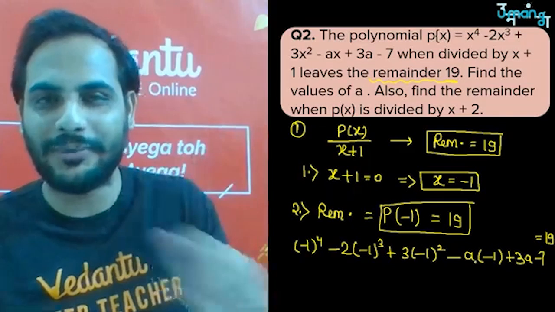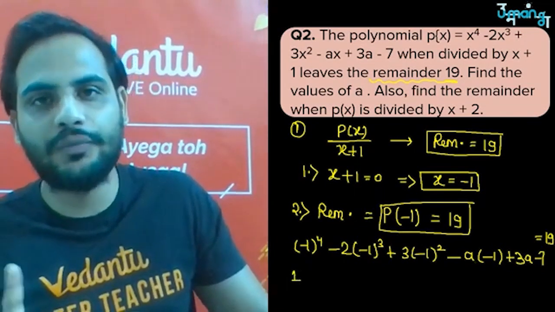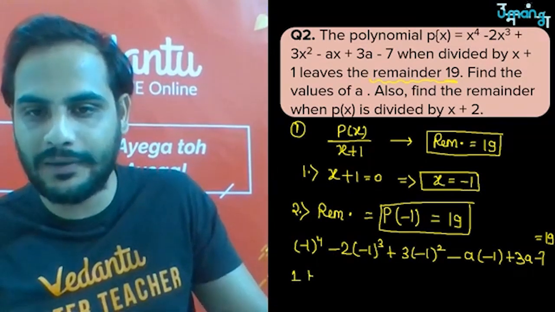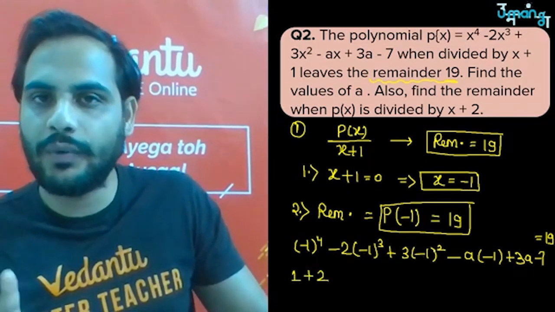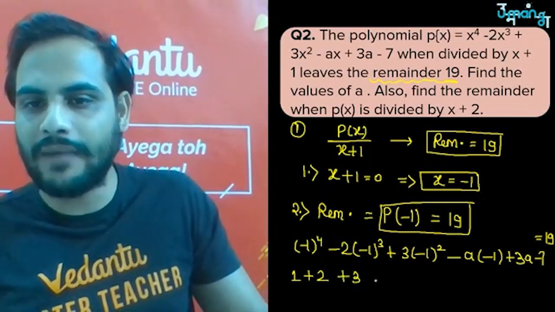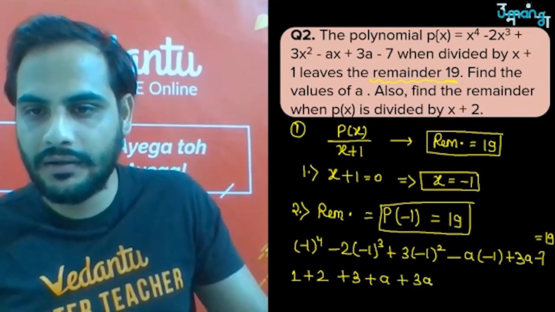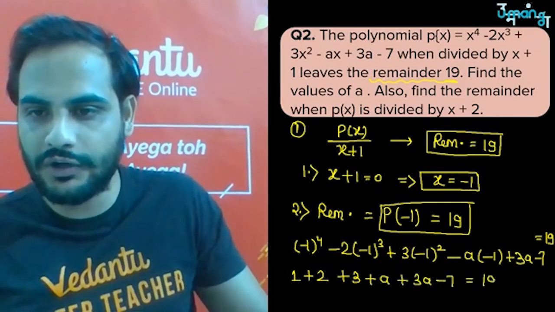Okay, quite long equation. So minus 1 raised to the power of 4 is 1 only. Minus 1 cube is minus 1. Minus 1 into minus 2 is plus 2. Minus 1 square is 1. 1 into 3 is 3. Now minus a into minus 1 is your plus a plus 3a minus 7 is equal to 19.